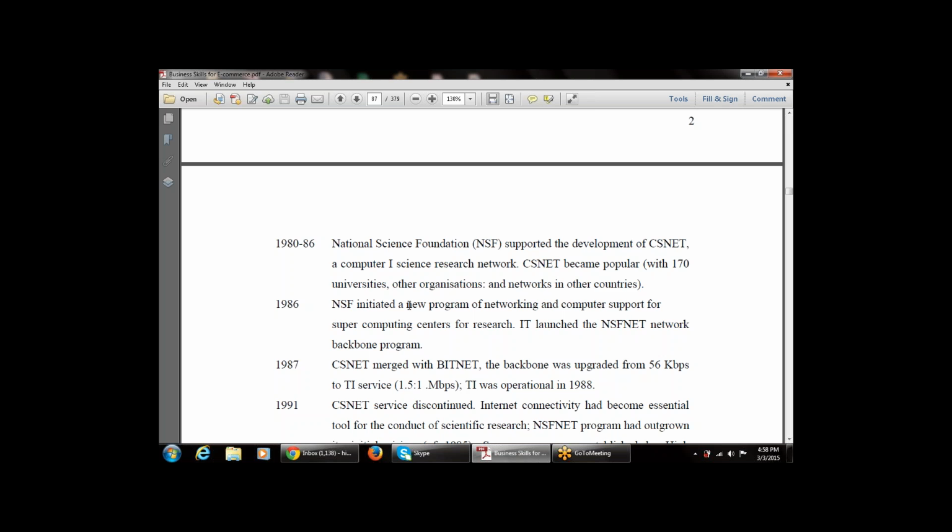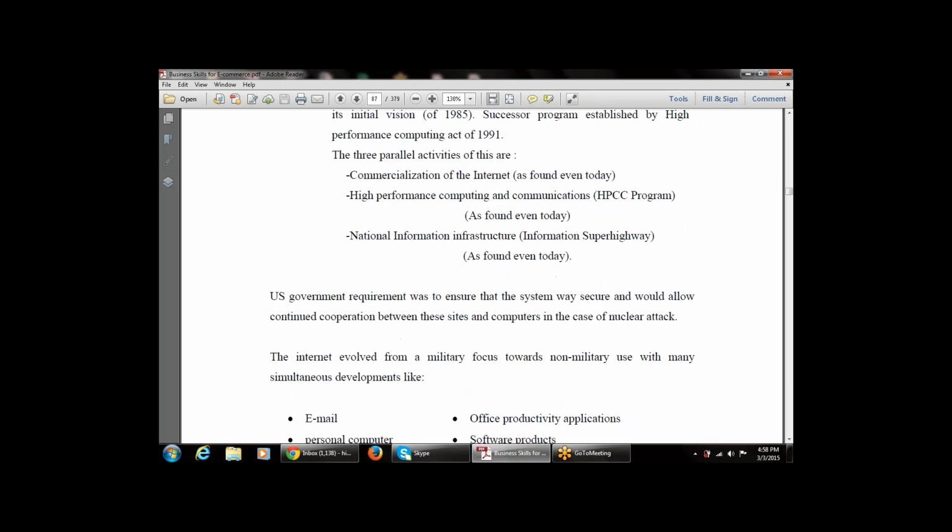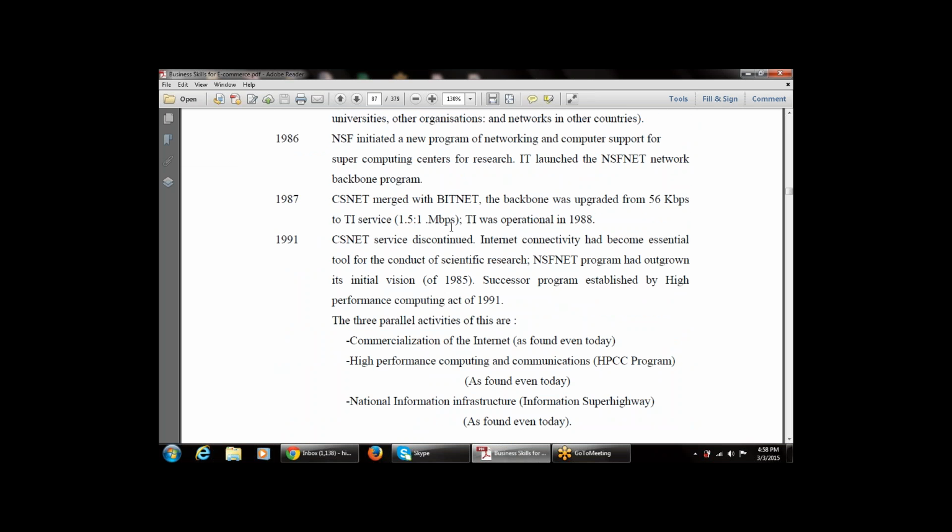Then in 1991, CSNet service was discontinued. Then internet connectivity became an essential tool for conducting scientific research.